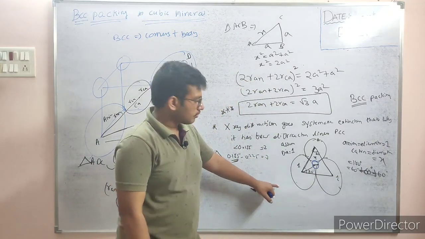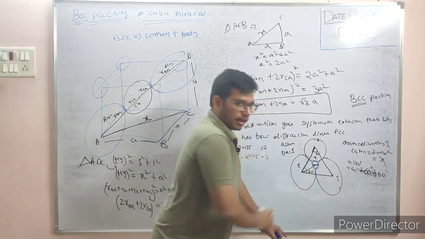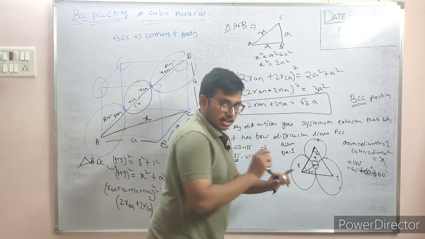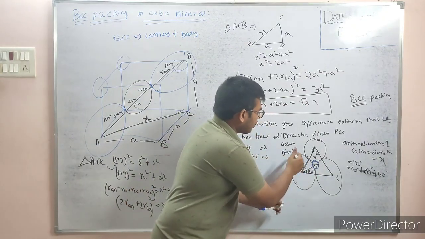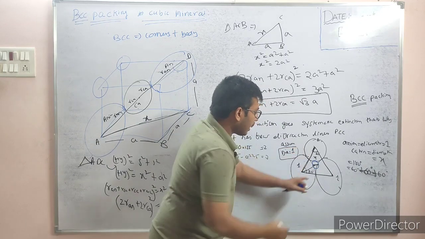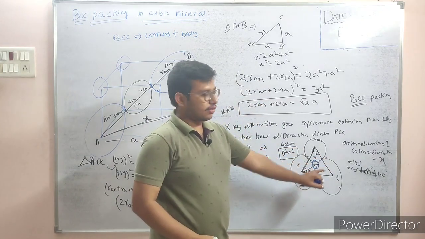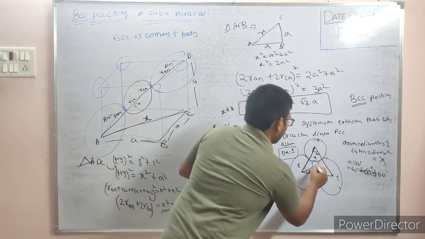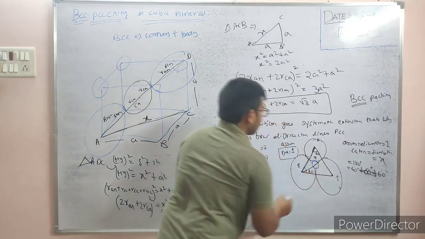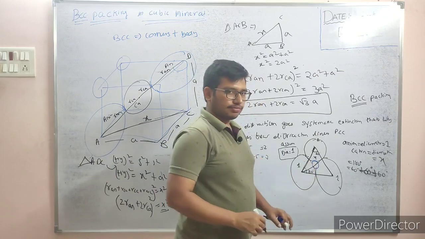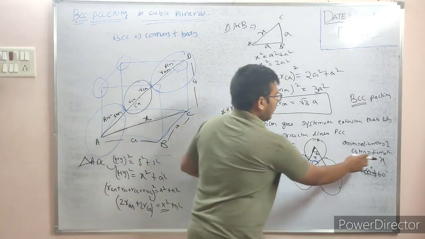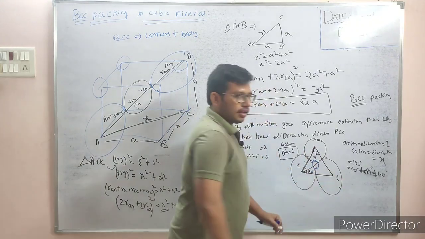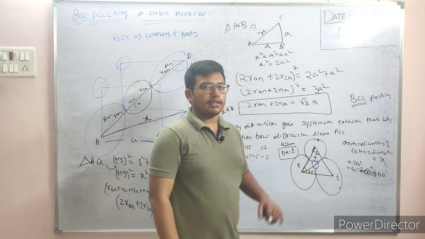समझ रहे हो? 3 anions जो है एक cation का सराउंड किया, and we are assuming the anion's diameter as 1 and the cation diameter is x. This is the diameter of the cation, so the diameter of the cation is x, and if you join the centers of the anions, it forms an equilateral triangle.